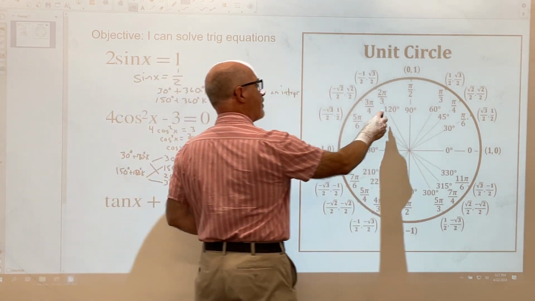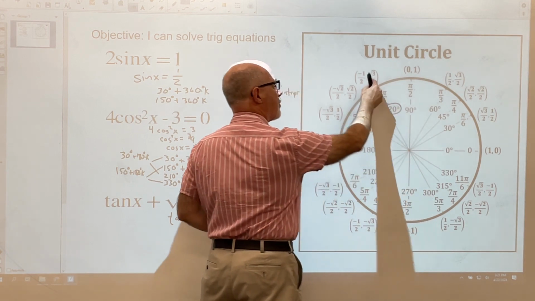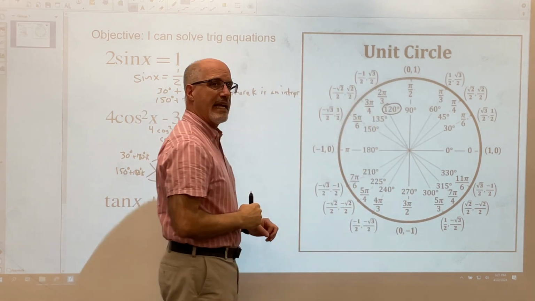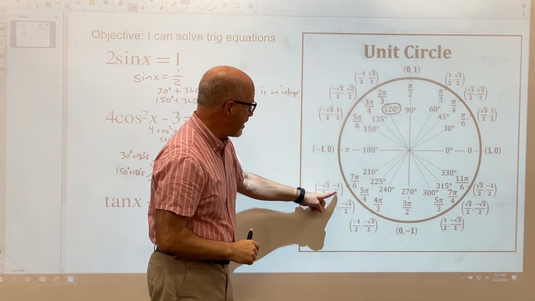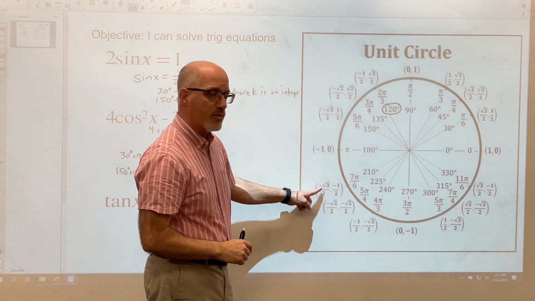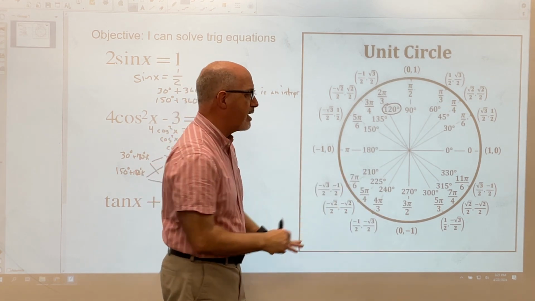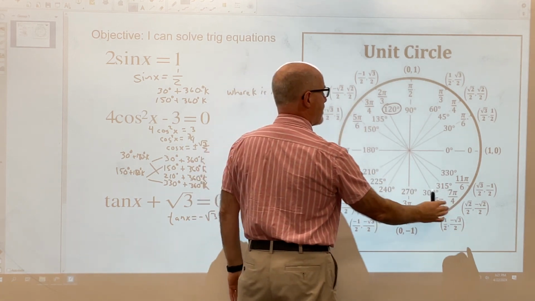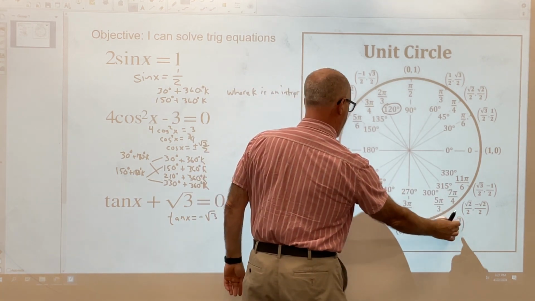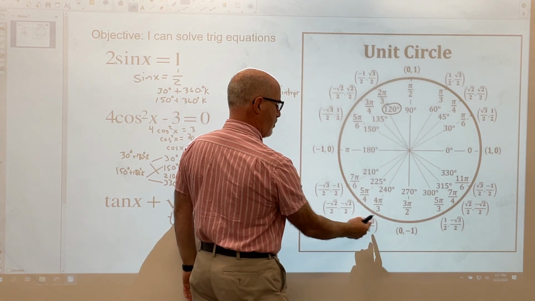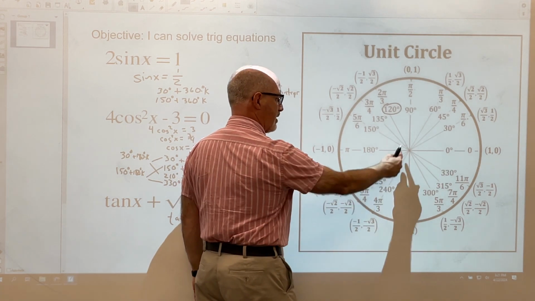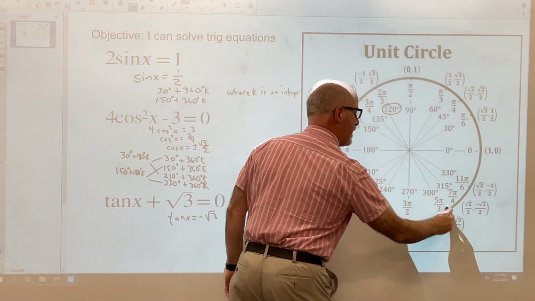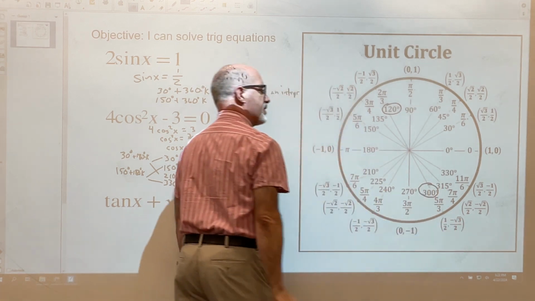So I'm going to circle this one, because I put that y value over that x value, I'll get a negative. This one over here, I get a positive again, so tangent's positive again in this quadrant. And if I go all the way to the fourth quadrant, this one here, 300 degrees for this one.